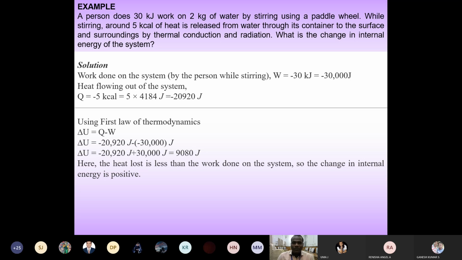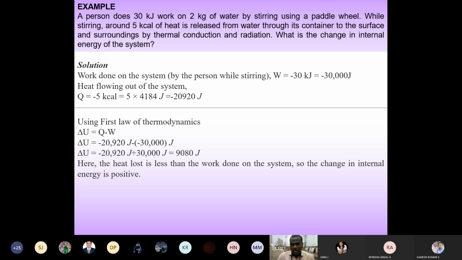Then heat flowing out of the system, right? So Q is minus 5 kilocalories. We can convert these kilocalories into joules by multiplying with the constant value. So 5 into 484 joules, so we have minus 2920 joules.